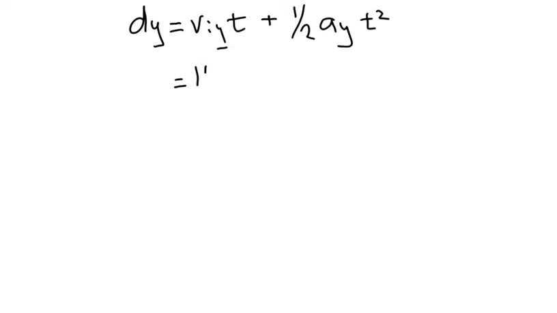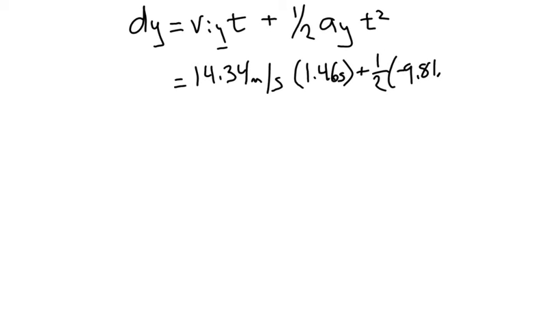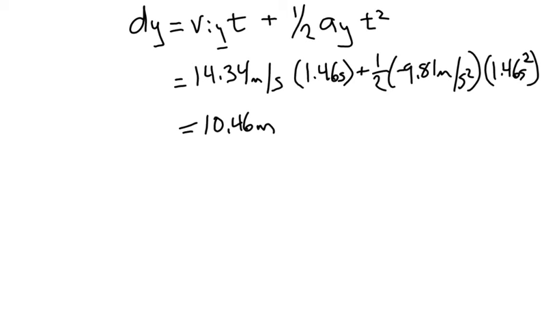Substituting values now to solve. 14.34 meters per second times the time up, 1.46 seconds, plus 1/2 of negative 9.81 meters per second squared times 1.46 seconds squared gives me 10.46 meters. So in fact, he does clear the castle.